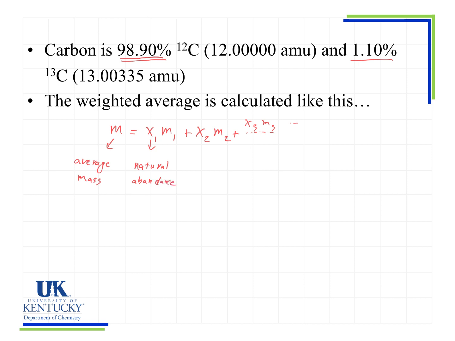I just defined what natural abundance is. It's how often you find one isotope naturally on planet Earth. Okay, and m1 is the mass of the isotope.